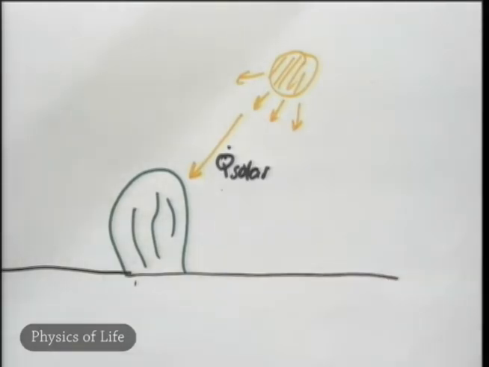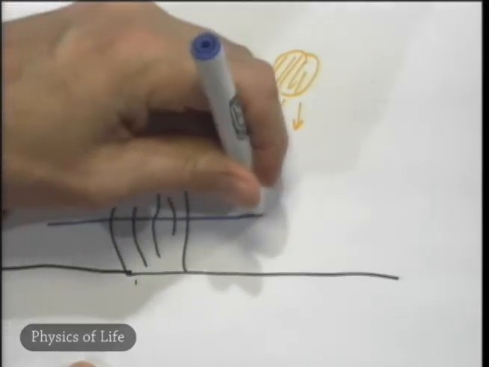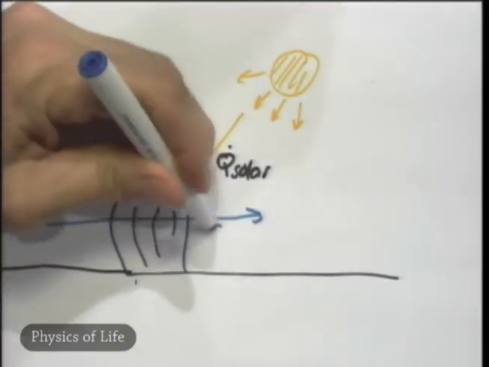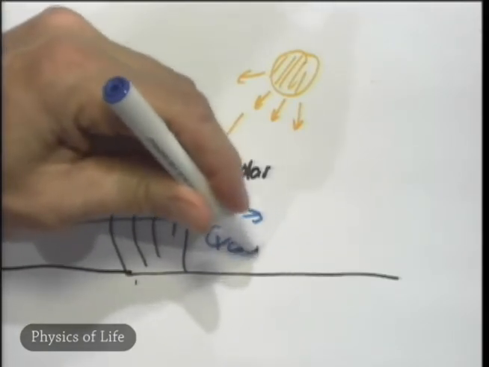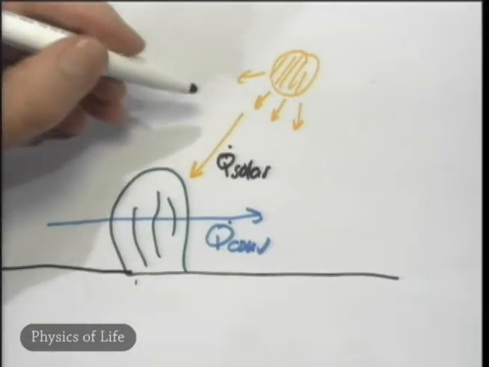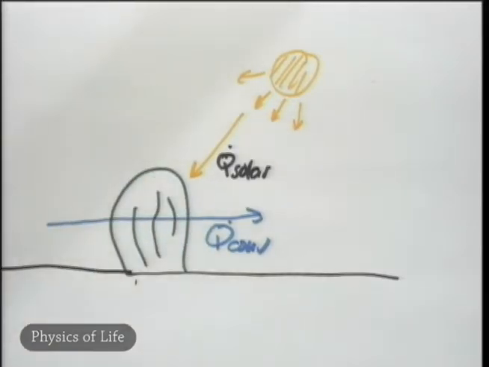What wind is going to do is it's going to carry this heat away, and it's going to carry with it a certain loss of heat that we'll call Q sub convection. And the temperature that the plant will come to is going to depend upon the balance of these two flows of heat.